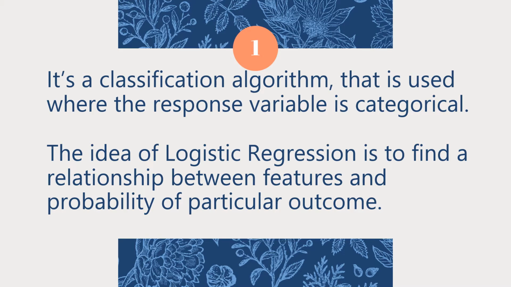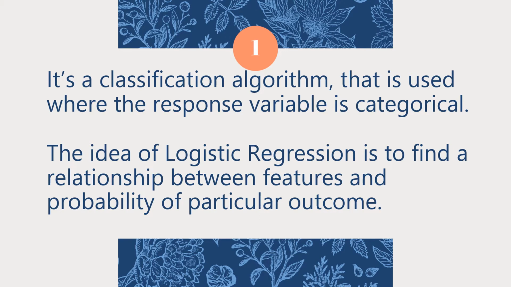And it is used when a response variable is categorical in nature, like whether a student has passed or failed in the examination, whether a person has diabetes or not, whether a person has corona or not. These are features and the dependent variable where the dependent variable is categorical in nature.